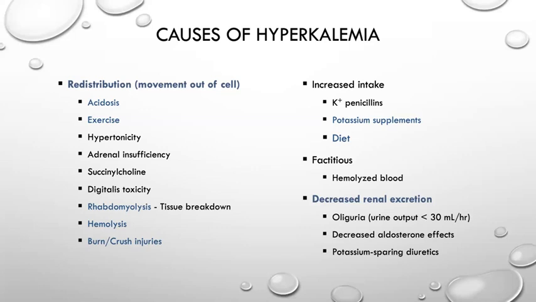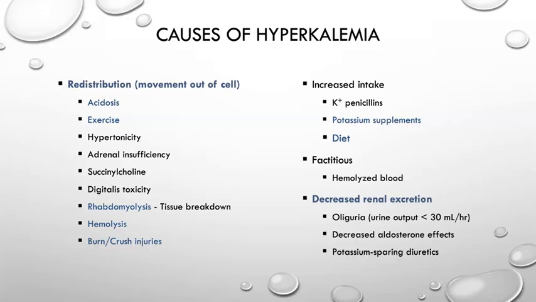Movement of potassium out of the cells can be triggered by all the factors previously discussed, including acidemia, lack of insulin, and medications such as beta blockers and digoxin. Digoxin directly blocks the sodium potassium ATPase pump in a dose-dependent manner and can cause hyperkalemia in overdose situations. Additionally, anything that causes cell death and cell lysis will lead to hyperkalemia by releasing the intracellular contents into the extracellular fluid.